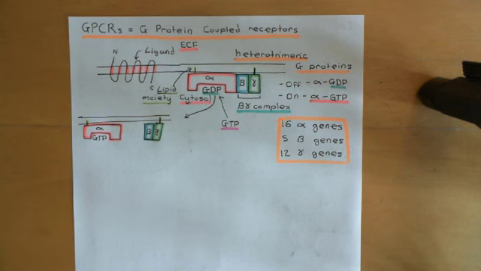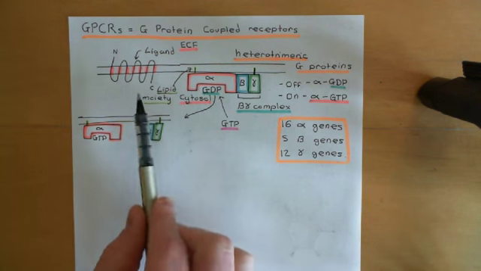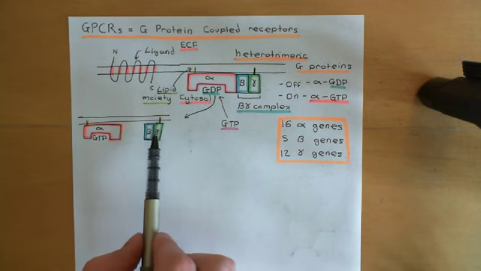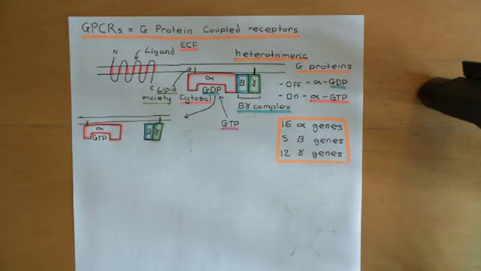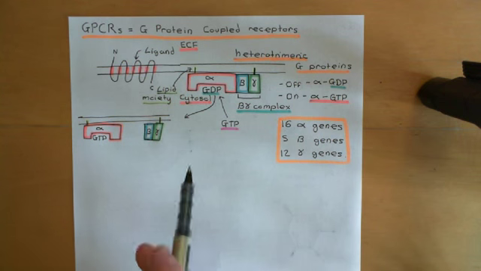Again, this is another reason why we don't bother that much about the beta and the gamma subunit and which specific one of these they actually are, because it doesn't seem to matter what beta and what gamma subunit you specifically have in your beta-gamma complex. It doesn't seem to affect what actual signaling roles they go on to have.